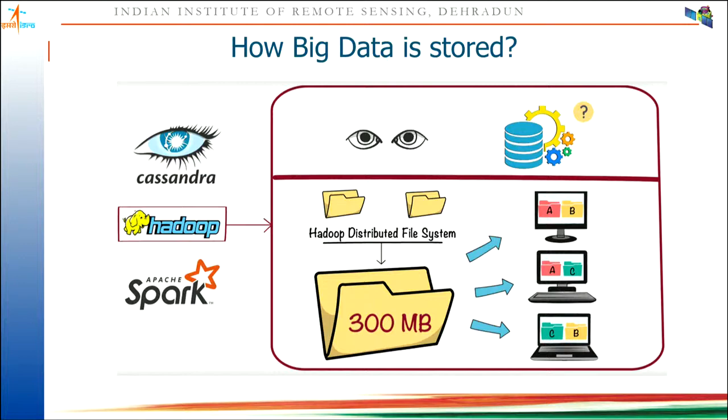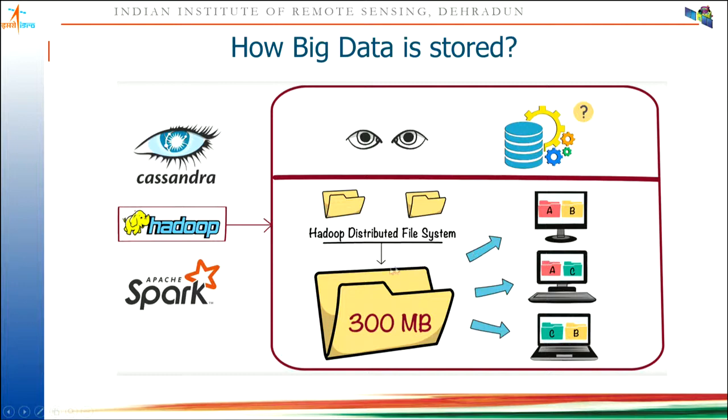So how do we store this data? This is a typical example from Hadoop. I told you that in the Hadoop platform we have the Hadoop Distributed File System, or HDFS. Here, very interesting data models are defined.